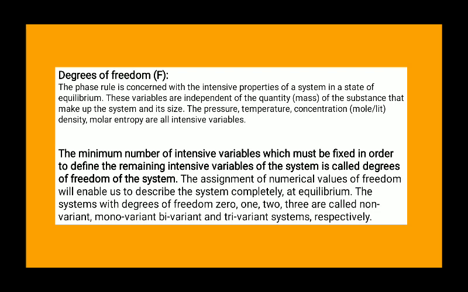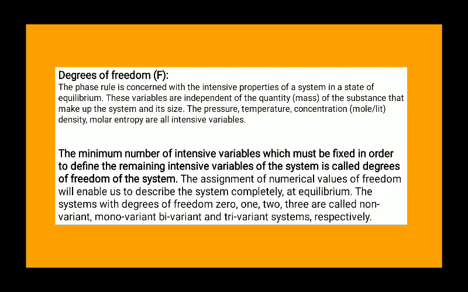The minimum number of intensive variables which must be fixed in order to define the remaining intensive variables of the system is called the degree of freedom of the system. The assignment of numerical values of freedom will enable us to describe the system completely at equilibrium.